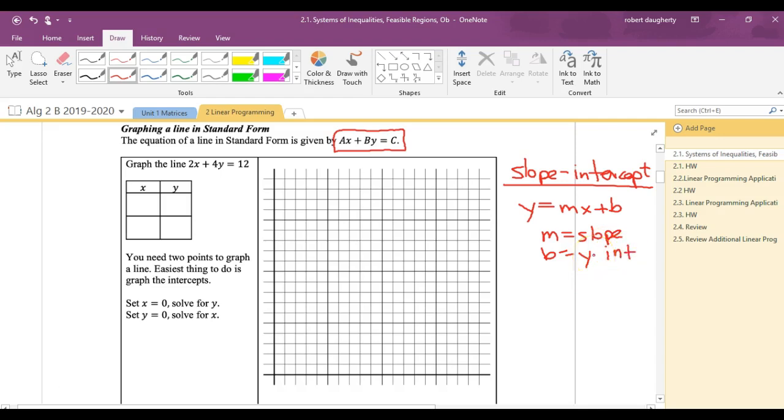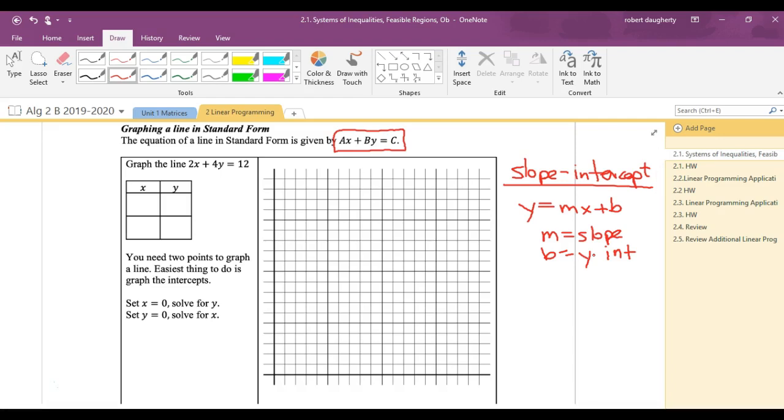The y-intercept. The y-intercept is where my line crosses what? The y-axis, okay? You get the y-intercept by setting x equal to what number? 0. You get the x-intercept by setting y equal to 0, okay? Never forget that. X-intercept, y is 0. Y-intercept, x is 0, okay? So slope-intercept is a form of the line that you might see as well.